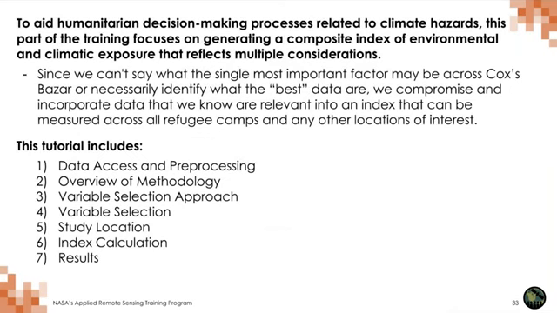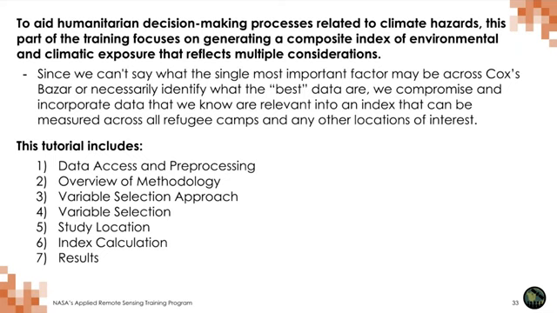So the humanitarian decision-making process is a complex system. And it consists of, especially when we're talking about climate hazards, we will focus on generating a composite index of environmental and climatic exposure that reflects some considerations that go into that humanitarian decision-making process.